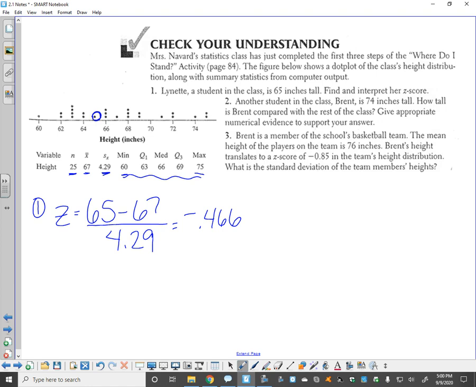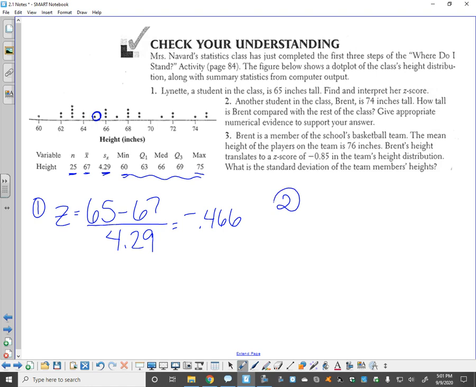So her Z-score is negative 0.466, which means Lynette's height is 0.466 standard deviations below the mean height of the class, or the class's average height. But it is that many standard deviations below the mean, the average for the class.